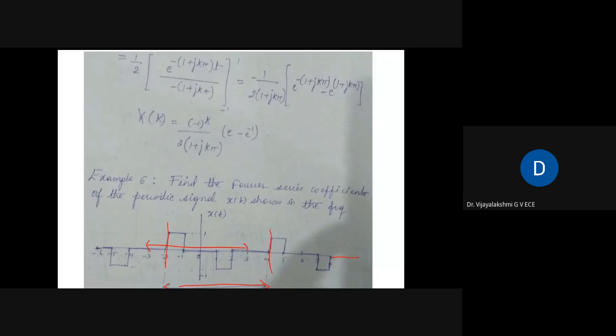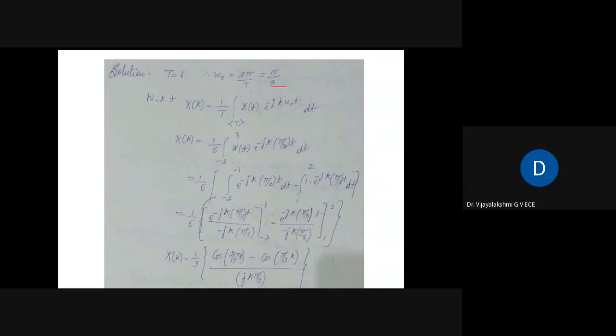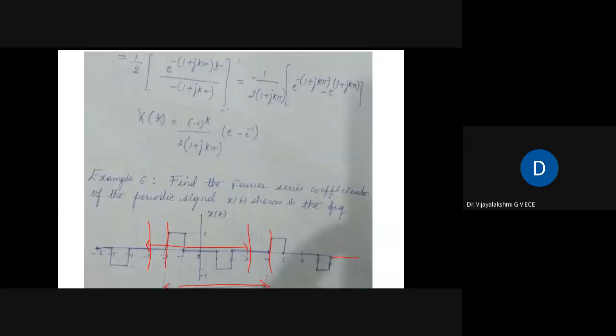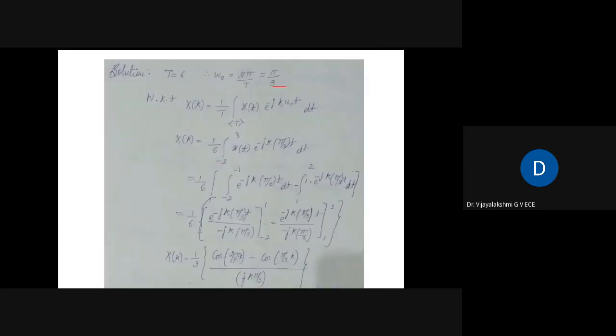Both are the same. See here, this is also correct. You can integrate from minus 2 to 4 also; even that is correct. Just for simplification, we have considered from minus 3 to 3. So that is also correct.